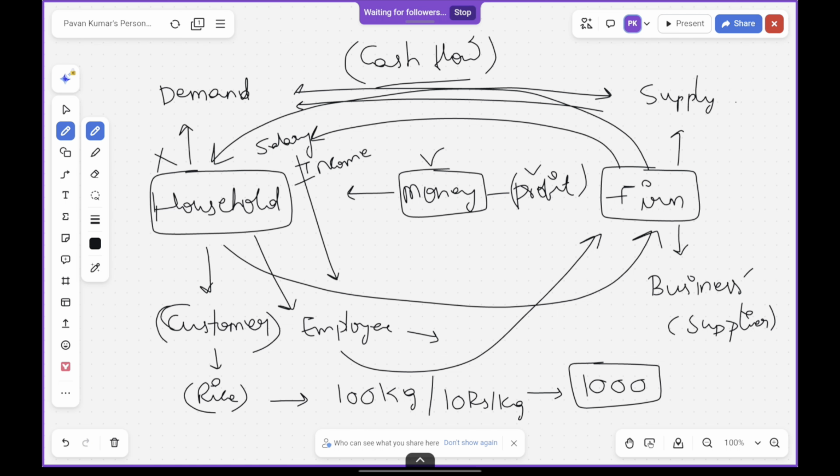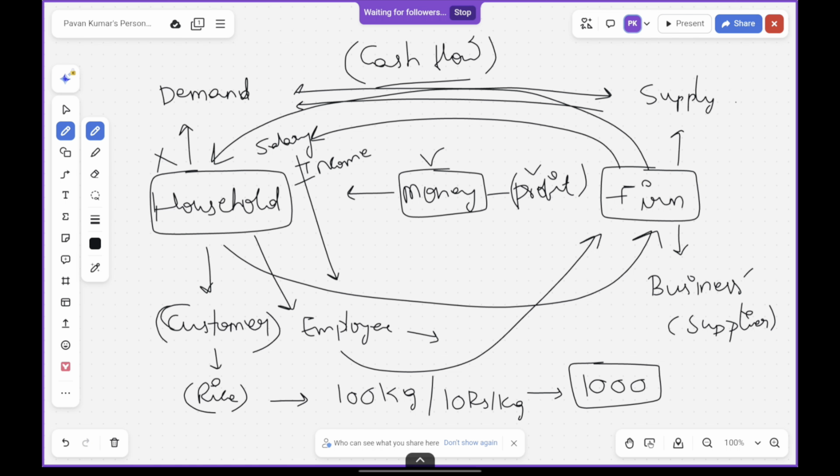And with the same concern, when there is no household at all, when there are no customers or employees, who is going to work for the firm? Obviously purchasing and demand shall not be possible, so there is no point in the firm establishing the business. So this is how the cash flow happens between the firm and the household.